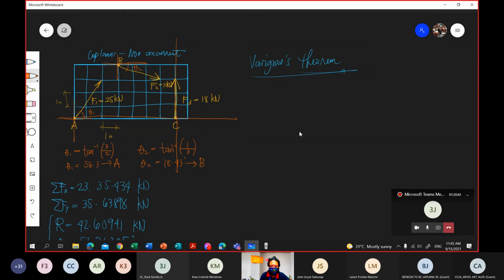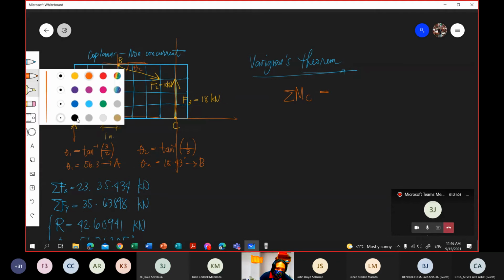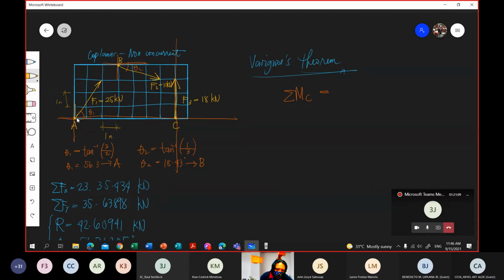Okay, the summation of moment at point C is not yet equal to 0 because we have not yet included our resultant. F1 has a y component, let's name this F1y, and an x component, F1x.